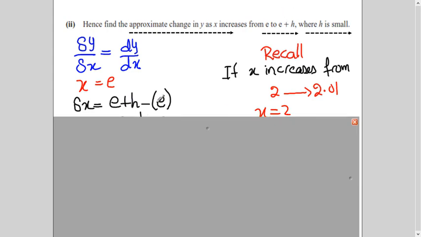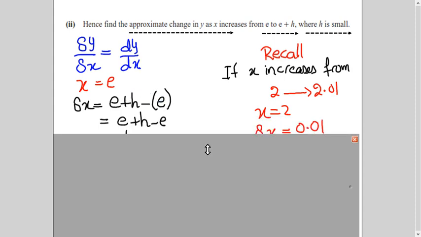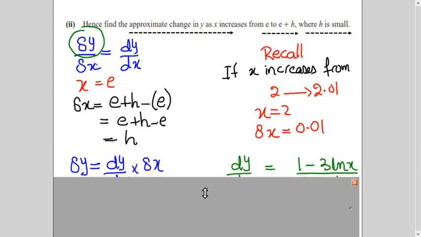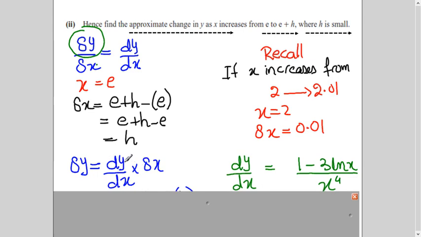So e plus h minus e. When you open it, you will be left with h. Yes? So my x is e and my delta x is h. Now coming back to this question, according to this approximate change in y, I have to find out delta y, okay? So I can change delta x here.